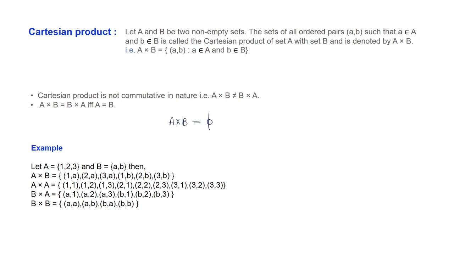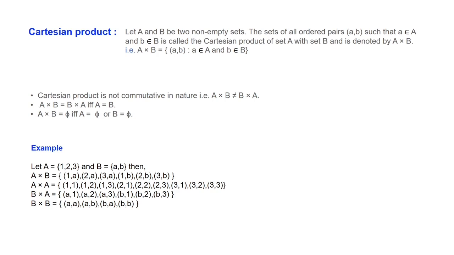Yes, it is possible if either of the sets is phi. That means if A is phi, then A cross B will definitely be phi, or when B is phi and A is not, then definitely the cross product A cross B is going to be phi.